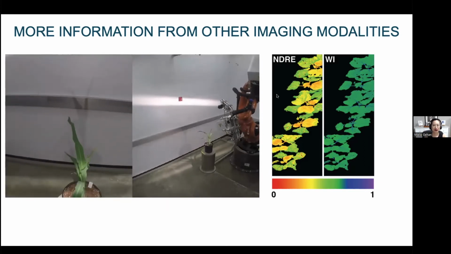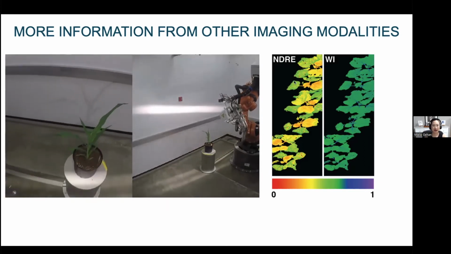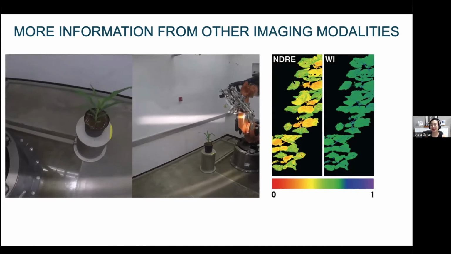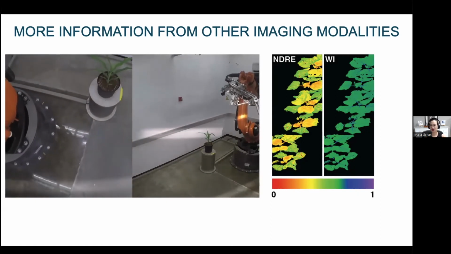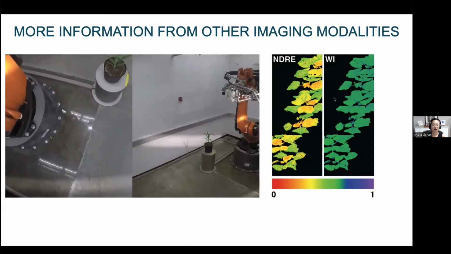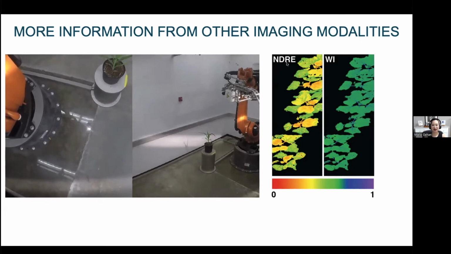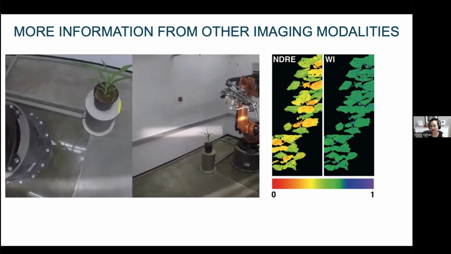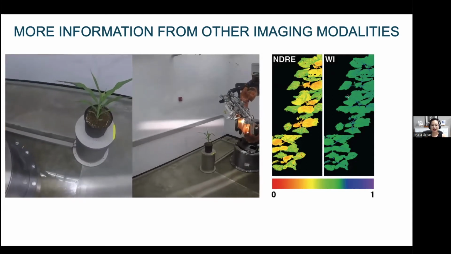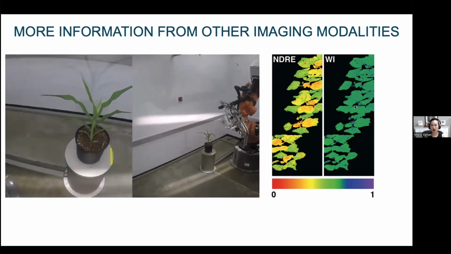People have developed and calculated different indices that they think are associated with things biologically. So things like NDVI or NDRE, which is a similar index, can tell you something about, say, the health of that plant. And then this other panel, WI, is a water index.